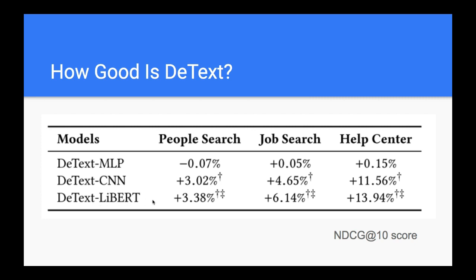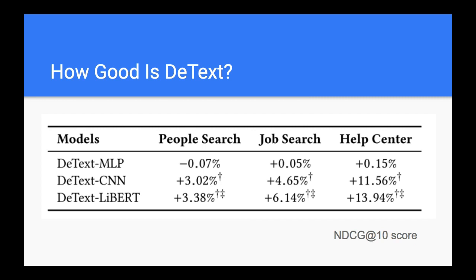So you can see in the people search, these two deep learning models improve the results, but not that much. And in the help center, just like I said, there is a lot of paraphrasing. Deep learning models are really good at recognizing paraphrasing because you understand the deeper semantic and syntactic things.